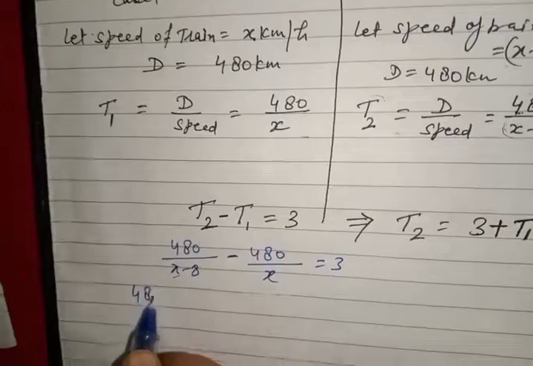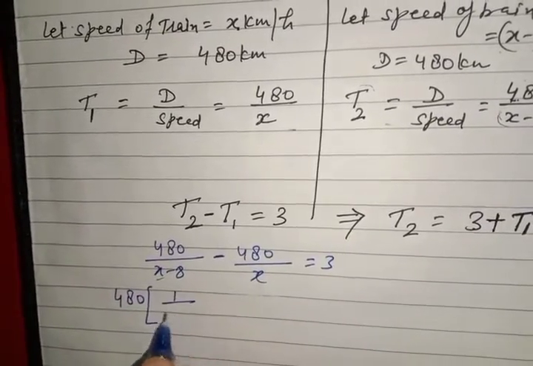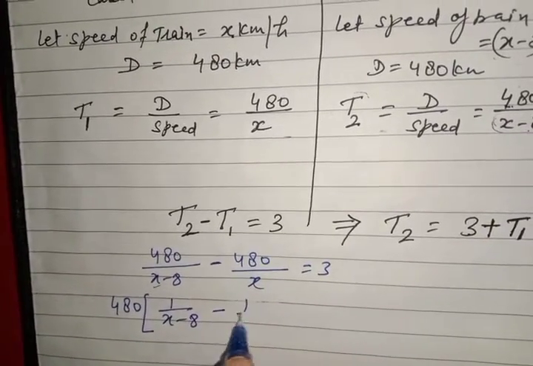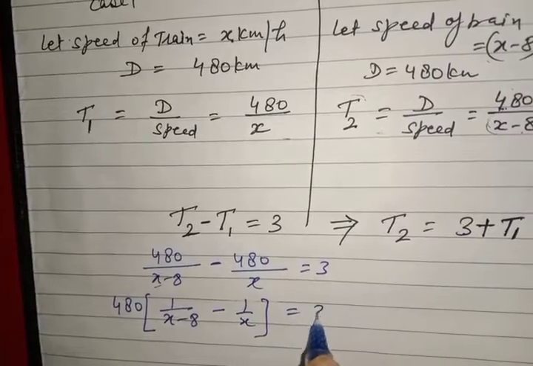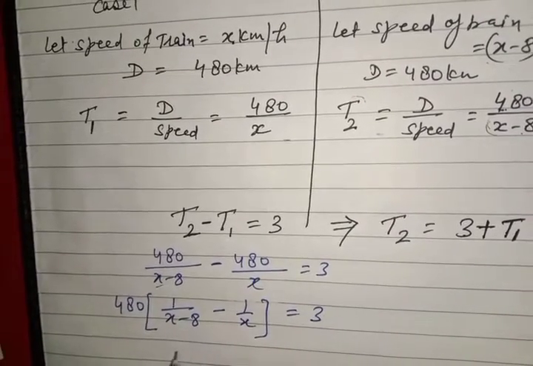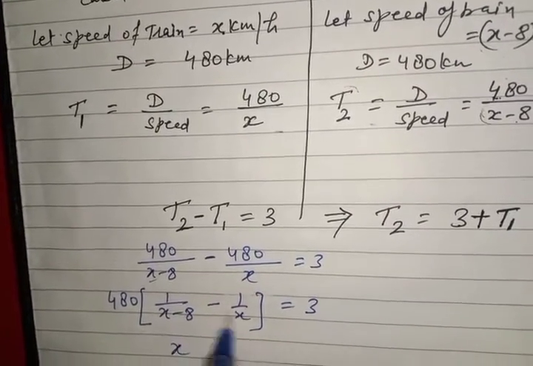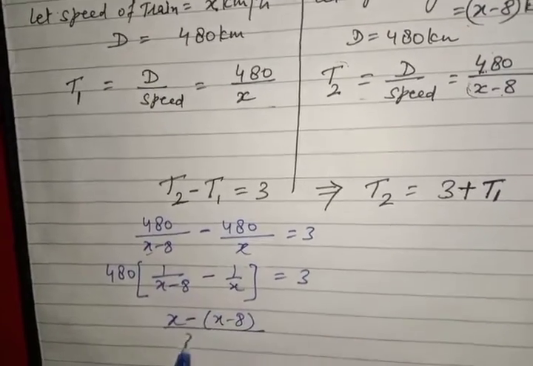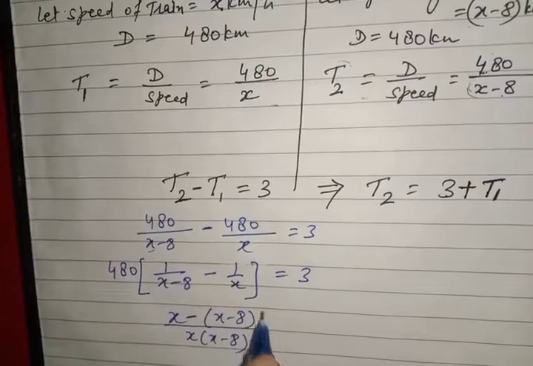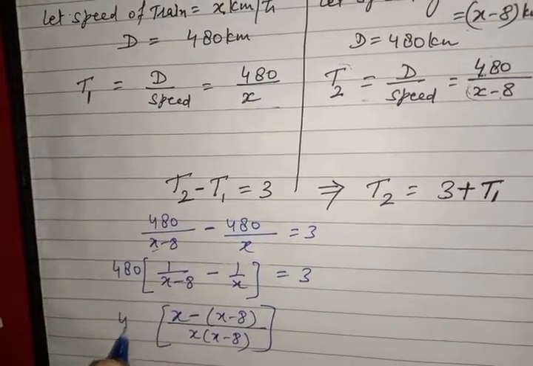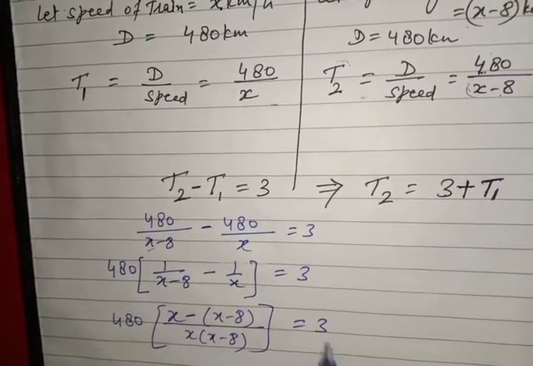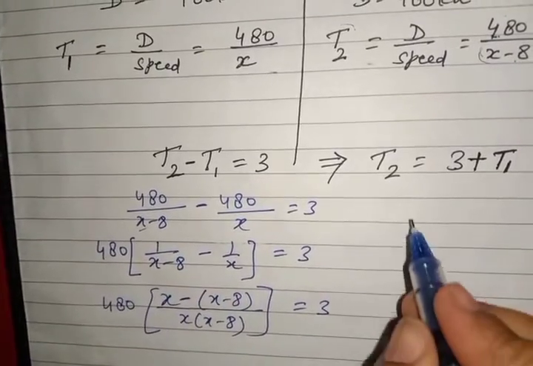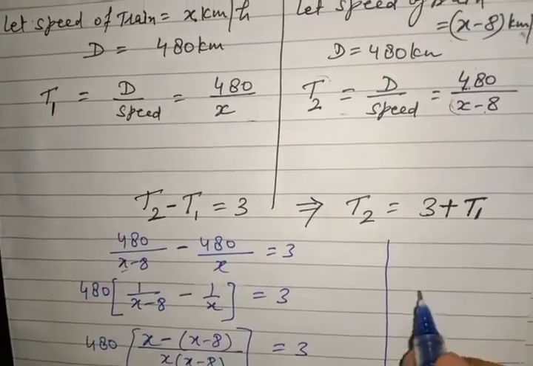So if you take 480 common, it will be 1 over x minus 8 minus 1 over x, which equals 3. After taking LCM, it will be x minus (x minus 8), over x times (x minus 8). 480 as it is, equals 3. I hope you know LCM. If you don't know, I am telling you.